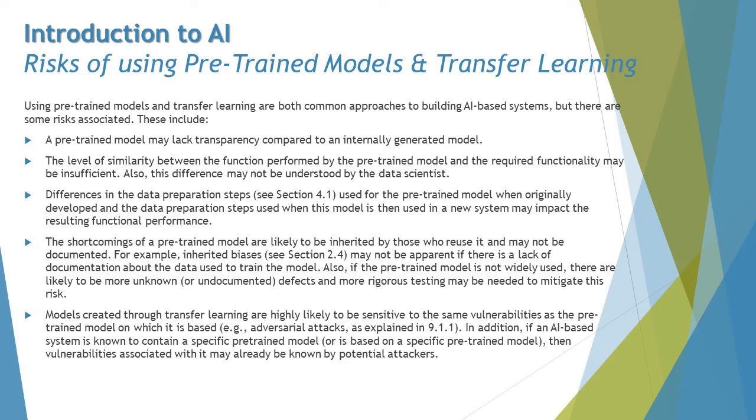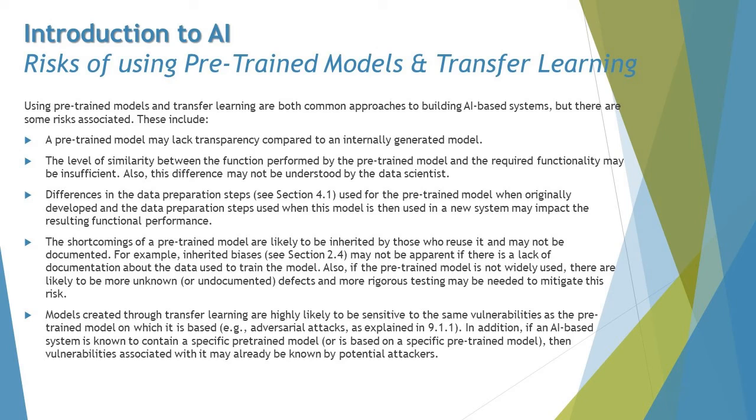Another one is that the shortcomings of pre-trained models are likely to be inherited by those who reuse them, and may not be documented. Of course, documentation plays a vital role when reusing a pre-trained model. For example, inherited biases may not be apparent if there is a lack of documentation about the data used to train the model.